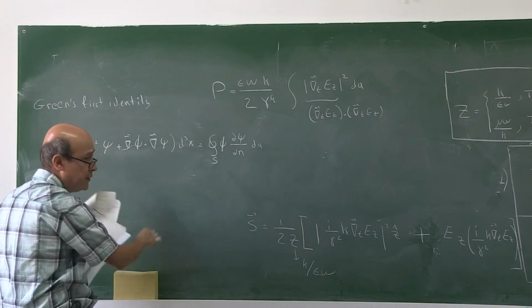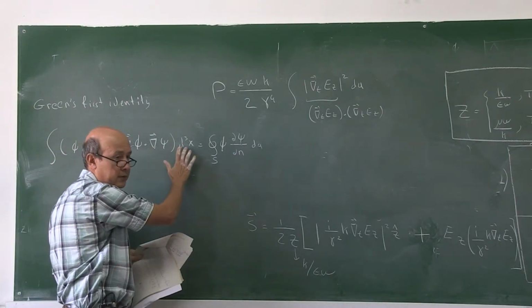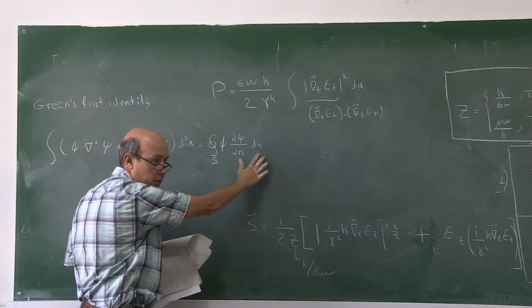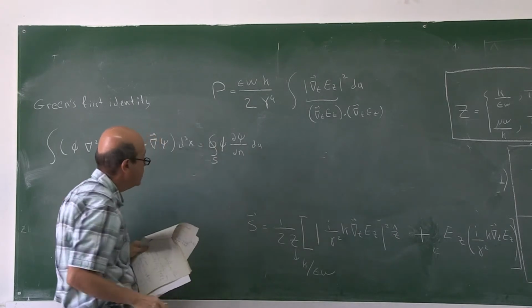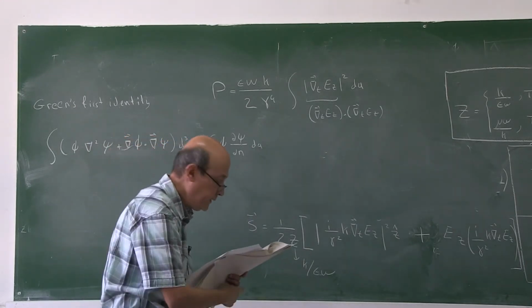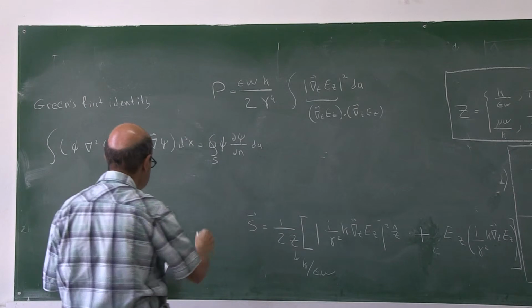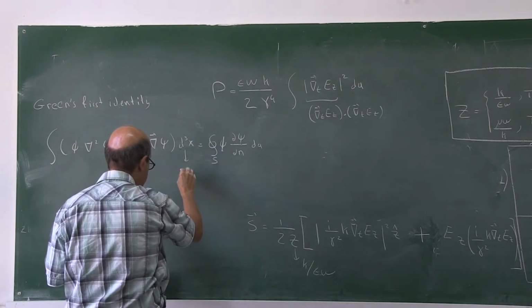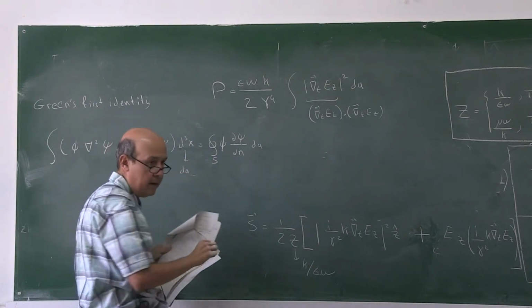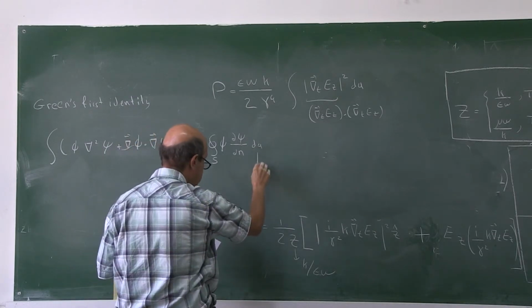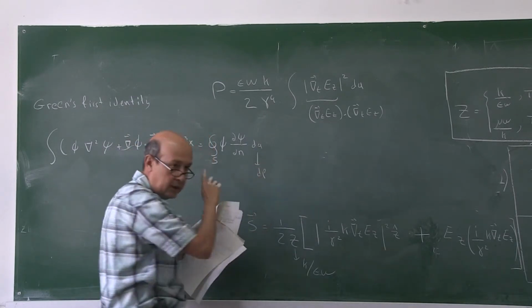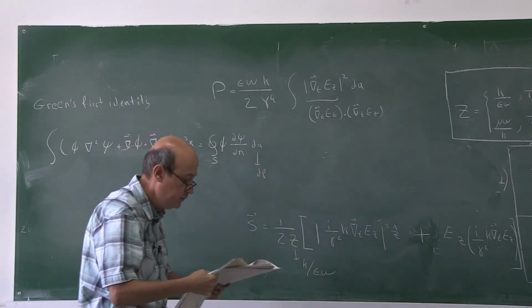So this is 3-dimension, drops to the surface, okay? So that could be written in 2-dimension. In 2-dimension, this is area, this is length. You can drop the degree 1.